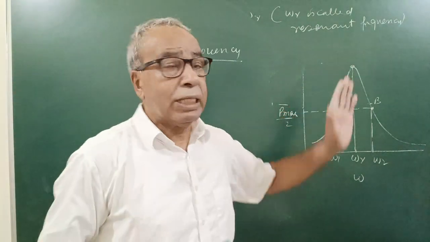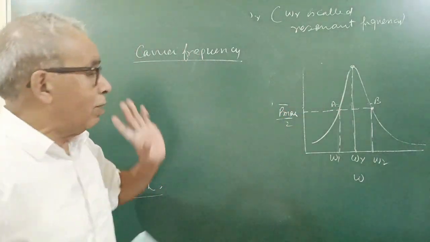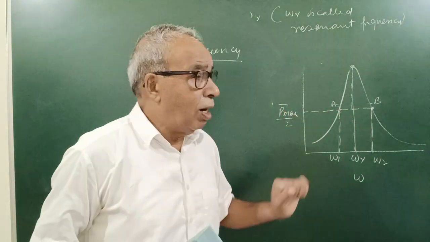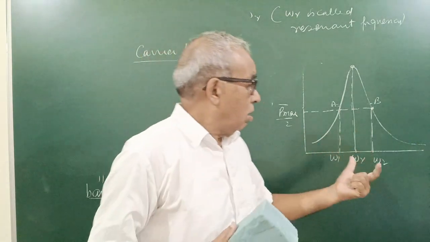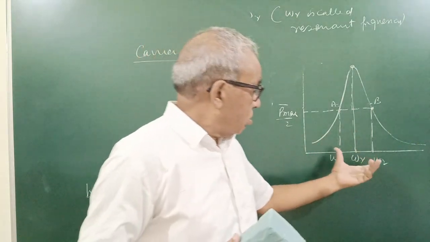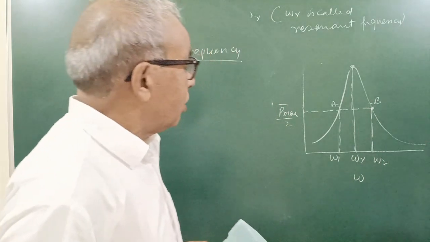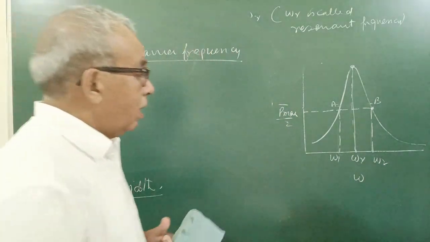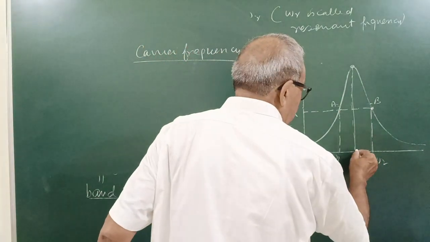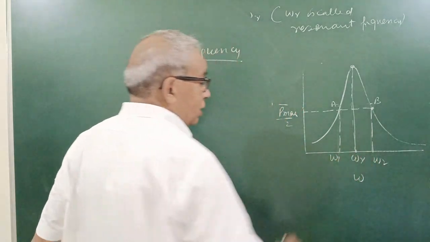Every signal, every channel has its own carrier frequency. So if we want to tune our TV or radio to that particular channel, then we have to bring our circuit to this frequency.